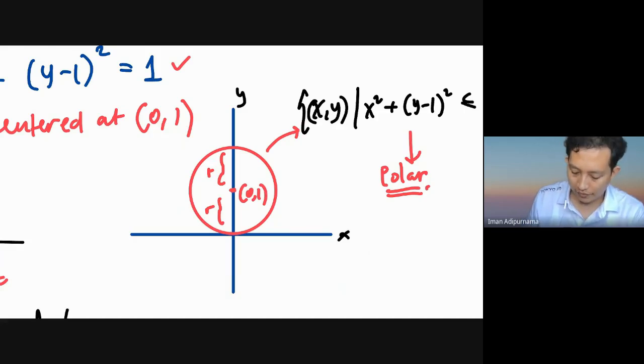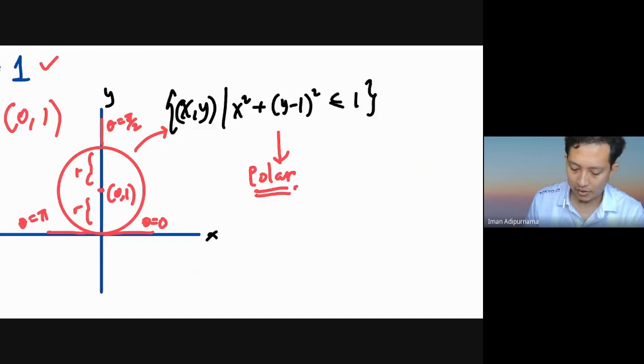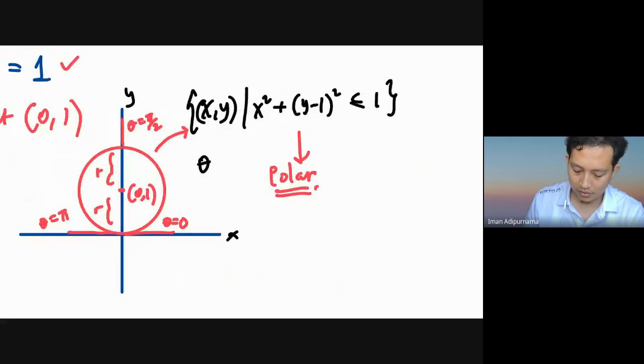And imagine that if this is 0 degree, the angle is 0, theta is 0. This is theta is pi over 2. And this is theta is pi, right? So we now have theta from 0 to pi. So we can write here, theta is from 0 to pi.